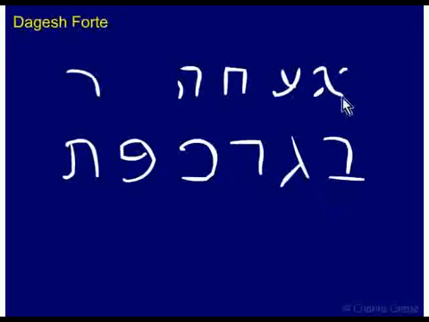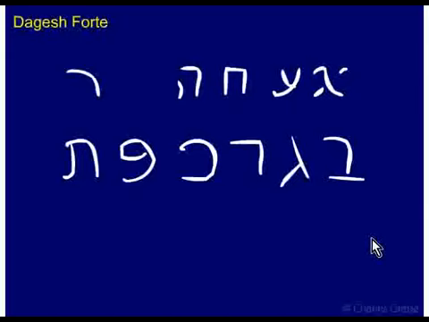These letters can't take either Dagesh Lene or Dagesh Forte. These can take both, and the rest of them can only take Dagesh Forte. So the only place where you have potential ambiguity is with the Begad Kafat letters. So when we see a dot in a Begad Kafat letter, how do we know if we're dealing with a Dagesh Lene or a Dagesh Forte?